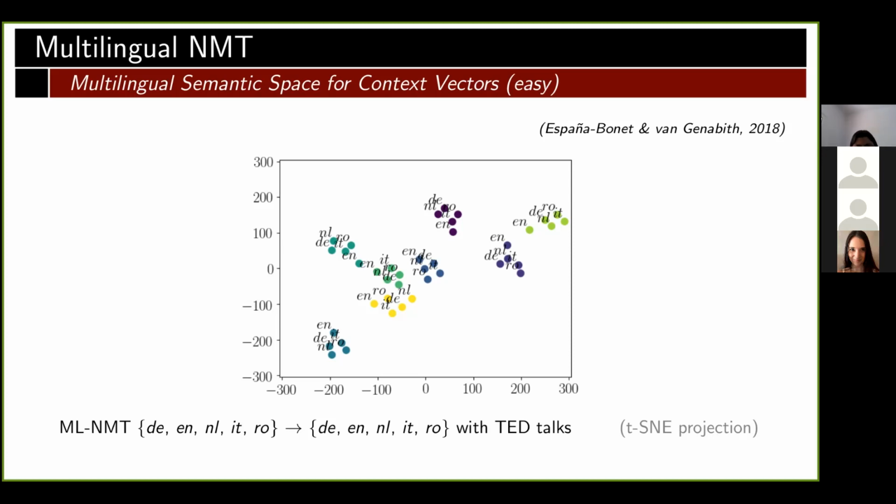Yeah, maybe it's difficult to see it here, but also at smaller detail, we can see, for instance, that Romanian and Italian are closer than Romanian and English, for instance. So there is a bit of clustering of language, but looking at this, it's not really relevant. So semantics are clearly distinct after training a multilingual system.